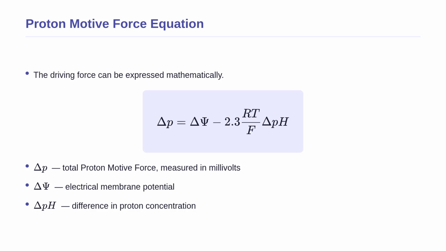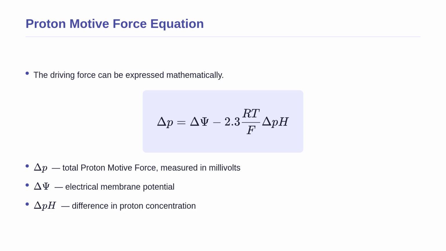This electrochemical pull we just discussed can be expressed mathematically to understand exactly how much energy is available. The formula shows that the total proton motive force, delta P, is the sum of the electrical charge difference and the chemical concentration difference. Delta psi represents the electrical membrane potential, which is the charge difference across the membrane.